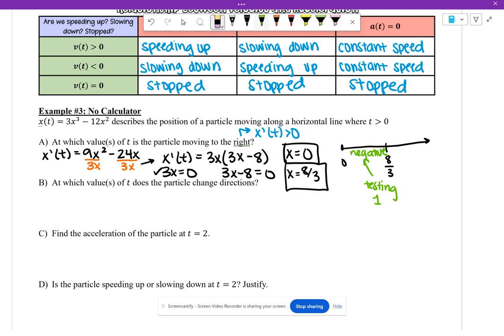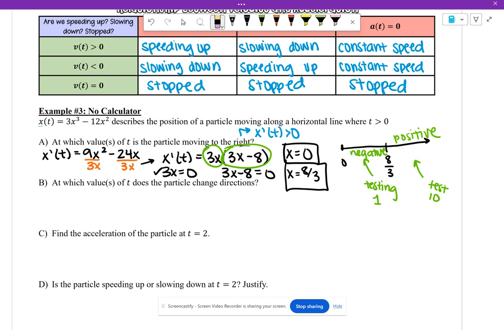Okay, let's do the next one. I want to test something like, I don't know, 10. Okay, so if I plug 10 into here, I get a positive number. If I plug 10 into here, I get another positive number. So this whole interval, everything to the right of 8/3, is going to be positive.